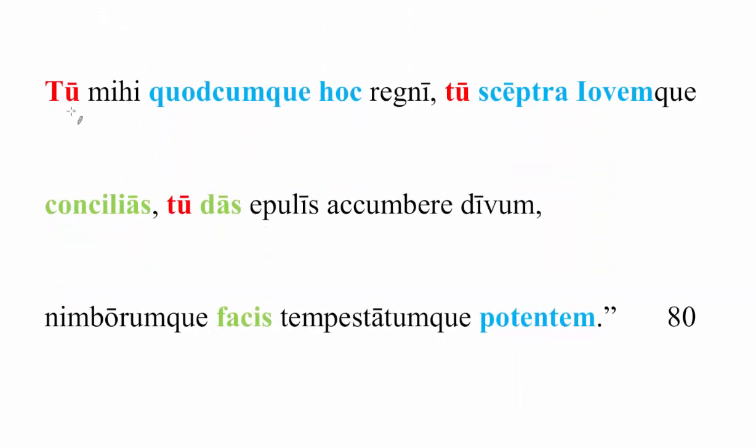To, back again to to, you, O my queen. And then we see a lot of the twos, right? There's a lot of two. The first verb we see though is down here: conciliās. You, O my queen, win over for me, this dative here, mihi, whatsoever this is of a kingdom.